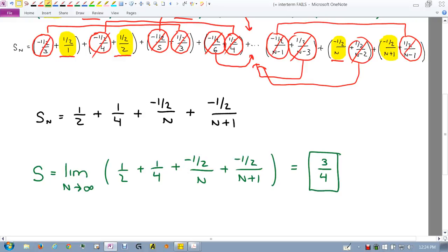So one that you should try at home, because we are running out of time here, is sum n equals 1 to infinity natural log of (n plus 1) over (n plus 3). What would be the first thing you do?